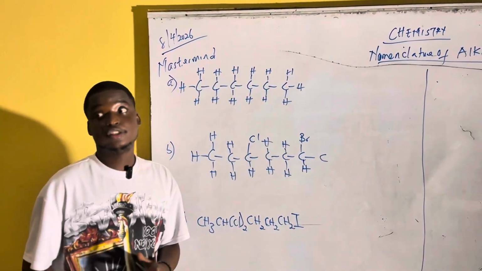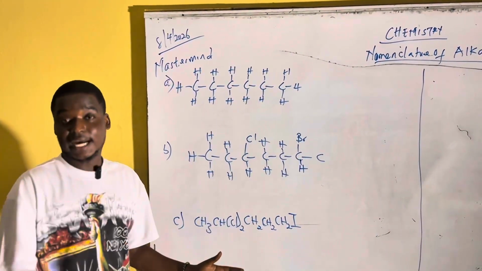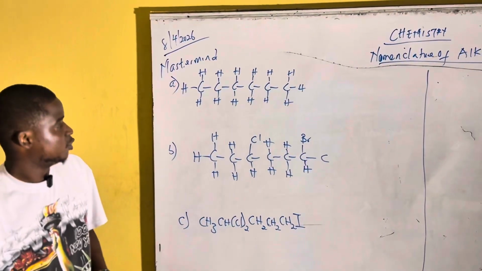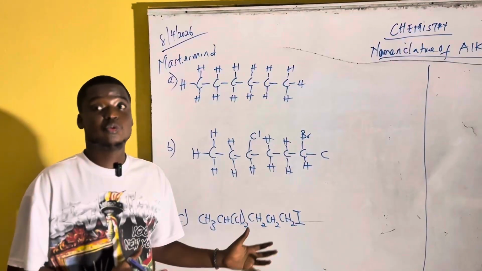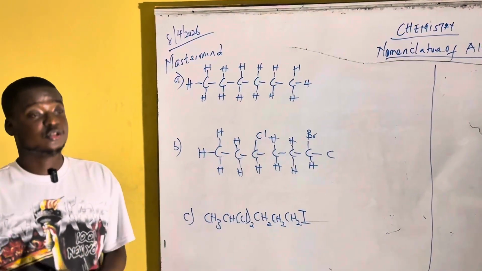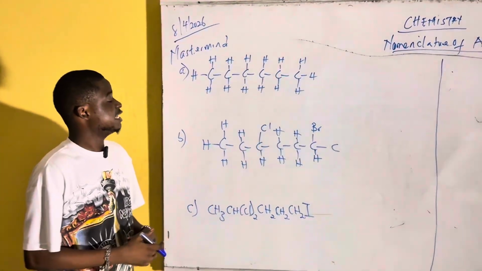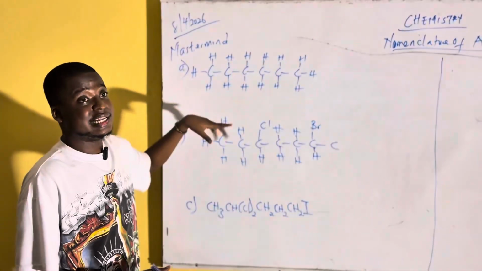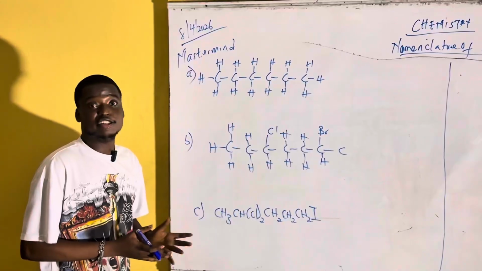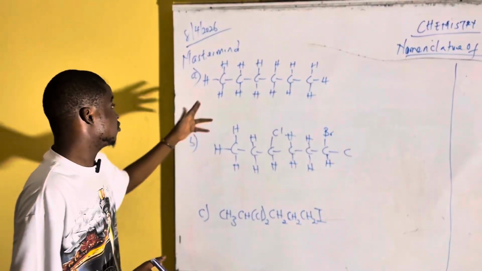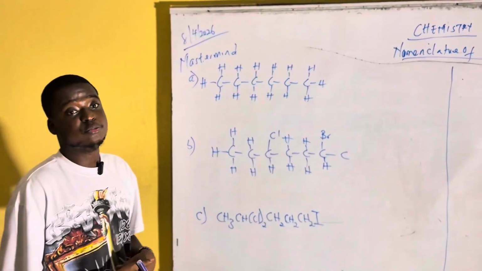Naturally, they should only contain hydrogen and carbon. Any other atom is termed a substituent group. Since there is nothing here that is not carbon or hydrogen, there is no substituent group in this structure.